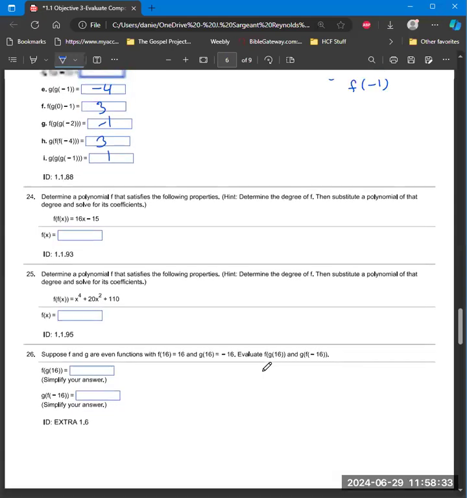So a few more problems here. Determine a polynomial f that satisfies the following properties. Determine the degree of f. Then substitute a polynomial of that degree and solve for its coefficients. So f of f is equal to 16x minus 15.